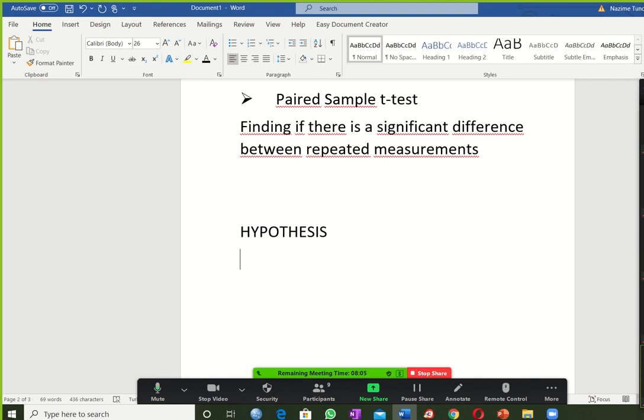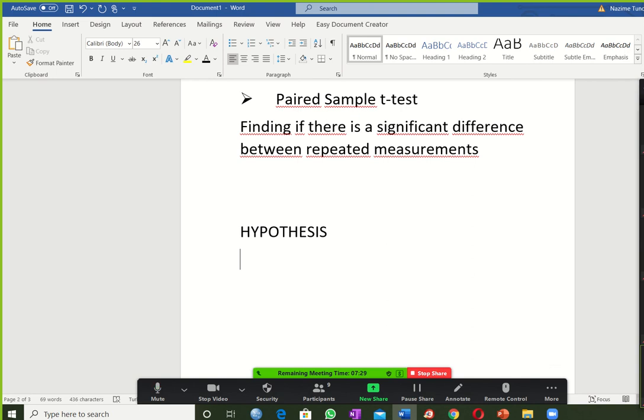So every researcher has an idea in their mind before starting an experiment. Or maybe we have an idea that this medicine will be useful for diabetic people, or this painkiller will be better than the other one for this type of patients.